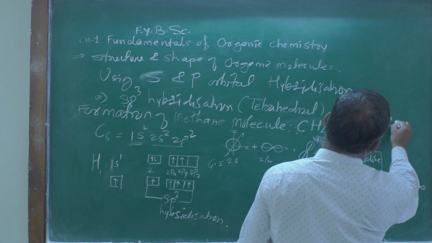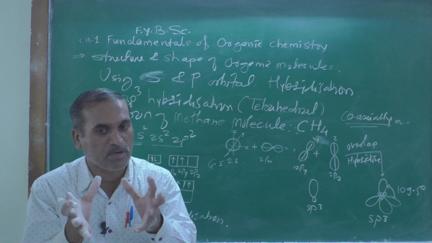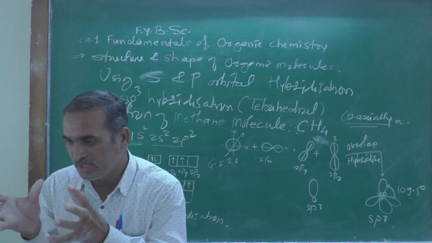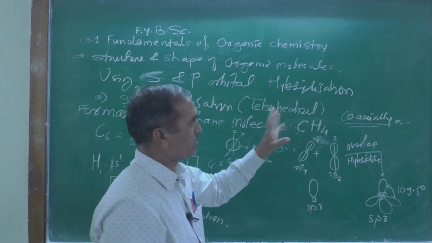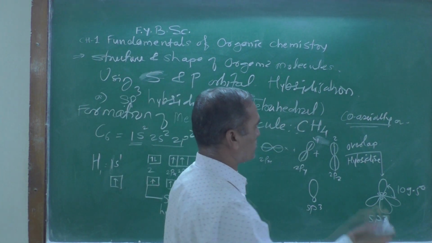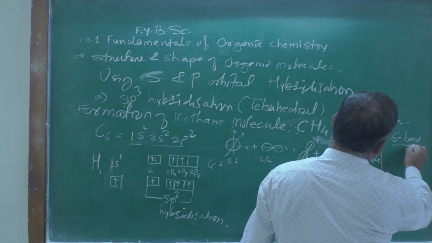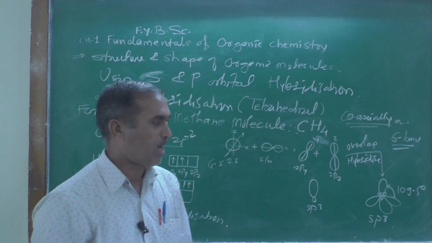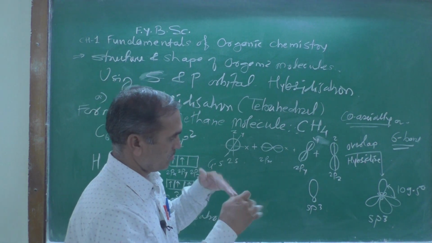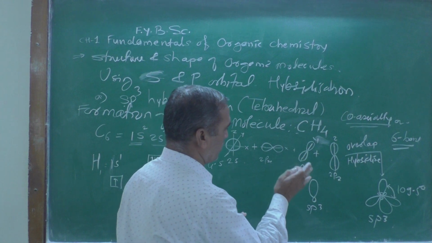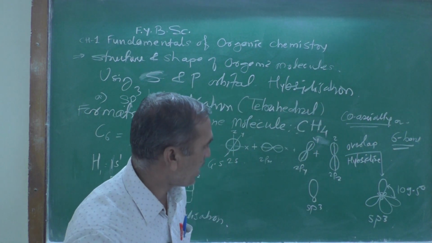Coaxial overlapping means the maximum electron density is concentrated between the 2 atoms, and that type of bond is called a sigma bond, and that sigma bond is very stable as compared to the pi bond. The pi bond we are going to see next time.